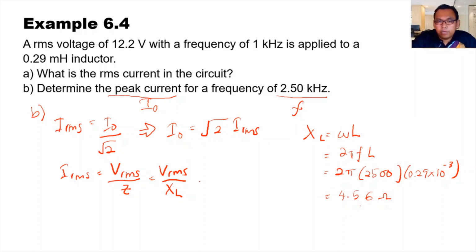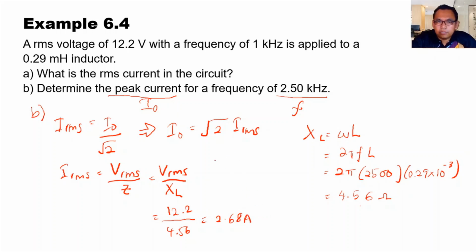Then we substitute the value, as we know the RMS voltage is given, 12.2 volt, and the inductive reactance we just found, and the RMS current is 2.68 ampere.